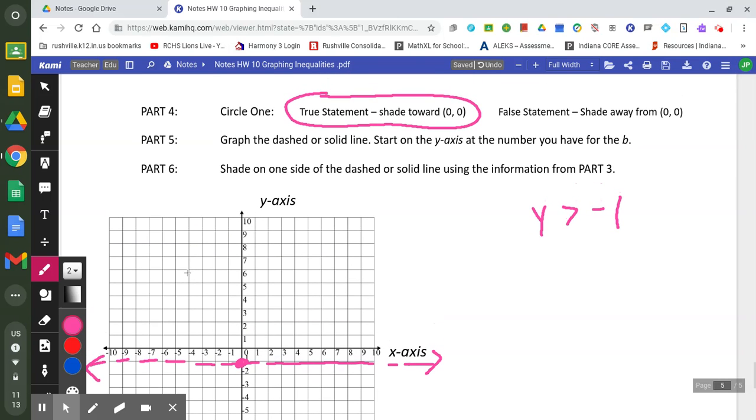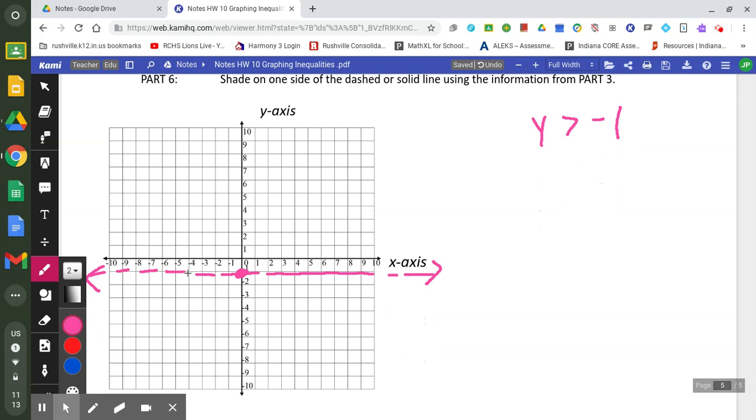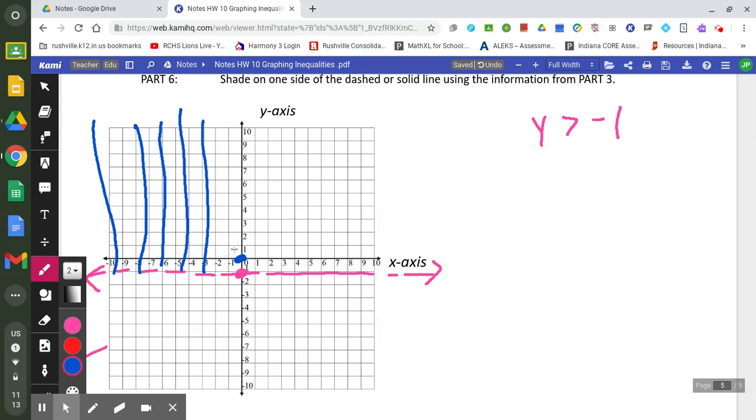The test point told us that it was a true statement. So since it was a true statement, we will shade on this side of the line where the (0, 0) is.